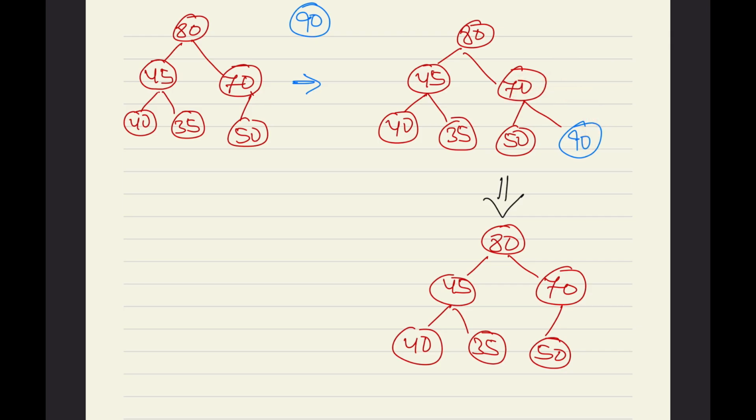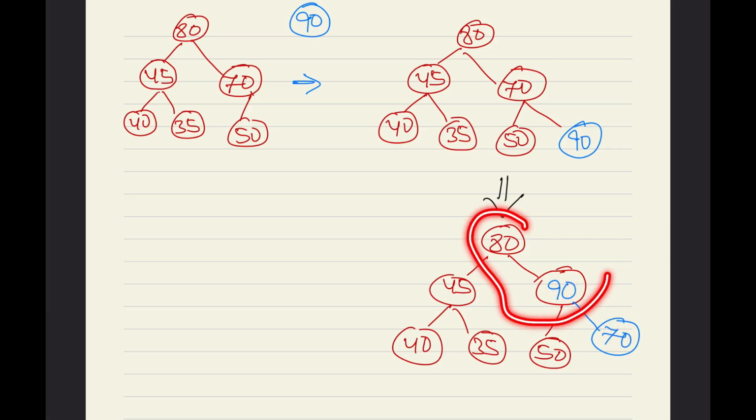In place of 70 the value should be 90, and here 70 will be there. I hope all of you understood this. We are simply swapping to satisfy the heap property.